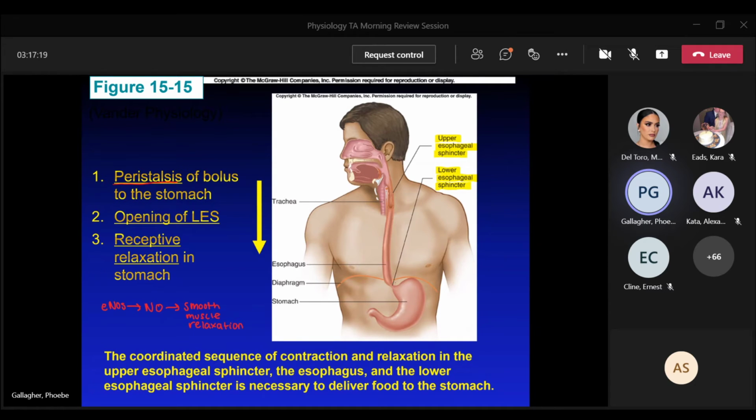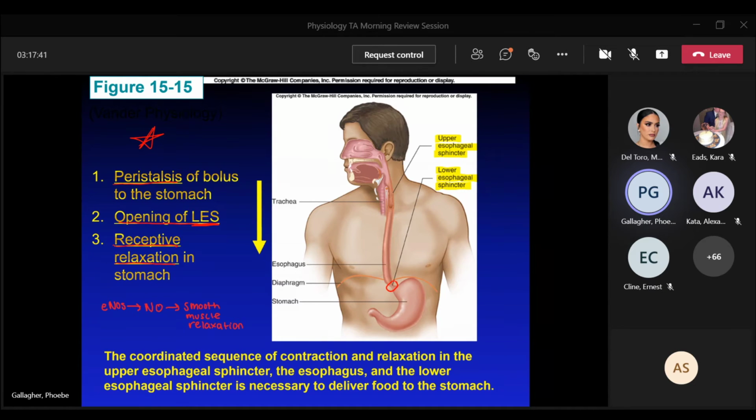And then lastly, in order for it to enter your stomach, it needs to open your lower esophageal sphincter, and your stomach needs to relax in order to accept the food. So you'll also see receptive relaxation. Once again, he's underlined these, so these are high yield and you should memorize these.